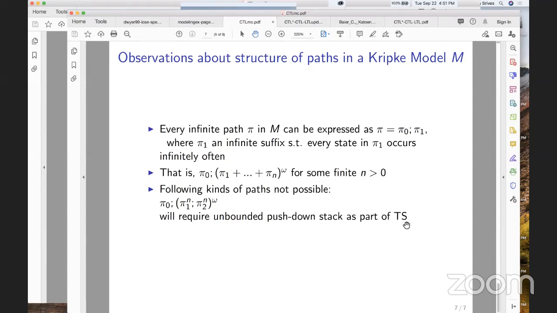Since your transition system can only have finitely many states, it cannot produce these patterns. You would need some stack which can grow in an unbounded fashion. So pi naught is kind of regular, some finite part, and this one is a regular language.